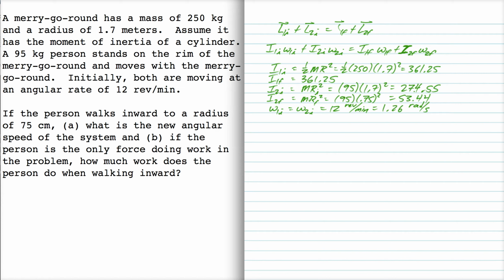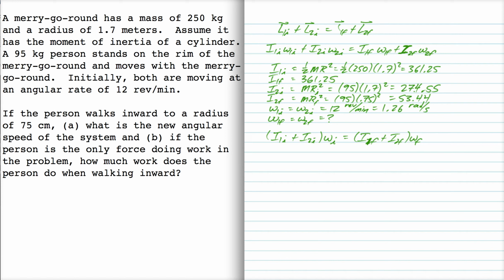And what we're looking for is omega F. Now both of them move together, so that means I can simplify the equation, right? I can simplify both the first part and the second part. The first part of the equation I can write like this, and the second part of the equation, this is I1F plus I2F. I can write both sides of the equation like that.